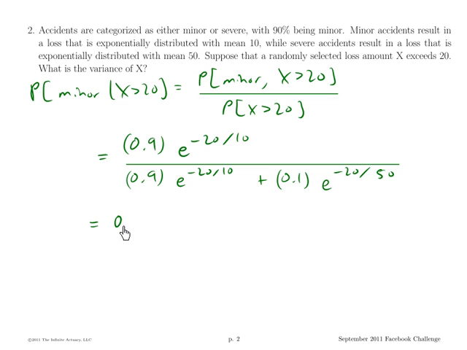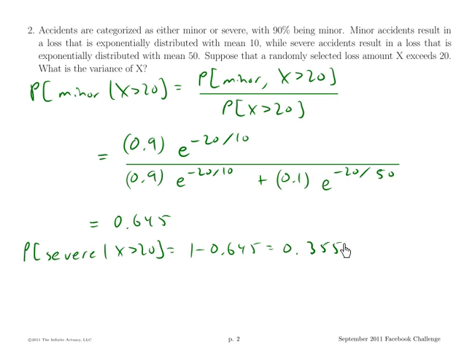So when I work this out, I get that 0.645 is the chance of a minor accident given the loss was greater than 20. And likewise, the probability of a severe accident given that x is greater than 20 is the complementary event. That's going to be 1 minus 0.645, which is 0.355.